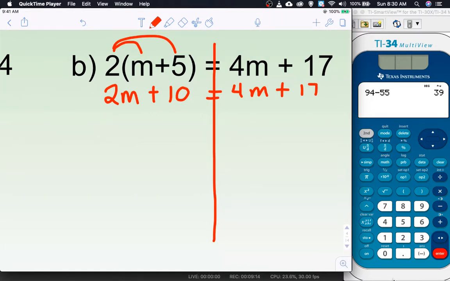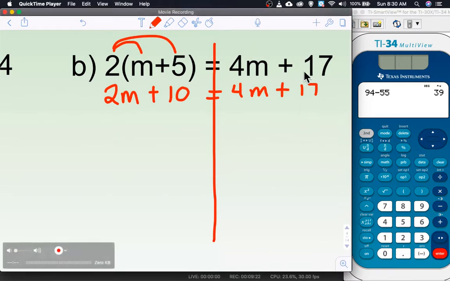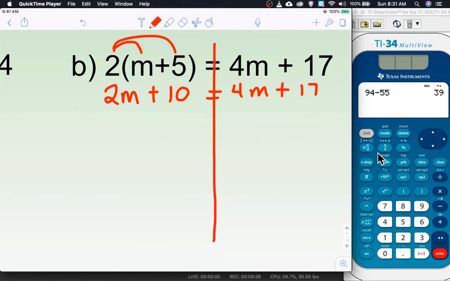So now we're in the same place we were at the beginning of the previous problem. I don't have any more parentheses. I don't have any like terms to combine on either side. Nothing on the left combines. So I'm going to get rid of the variable on the right.